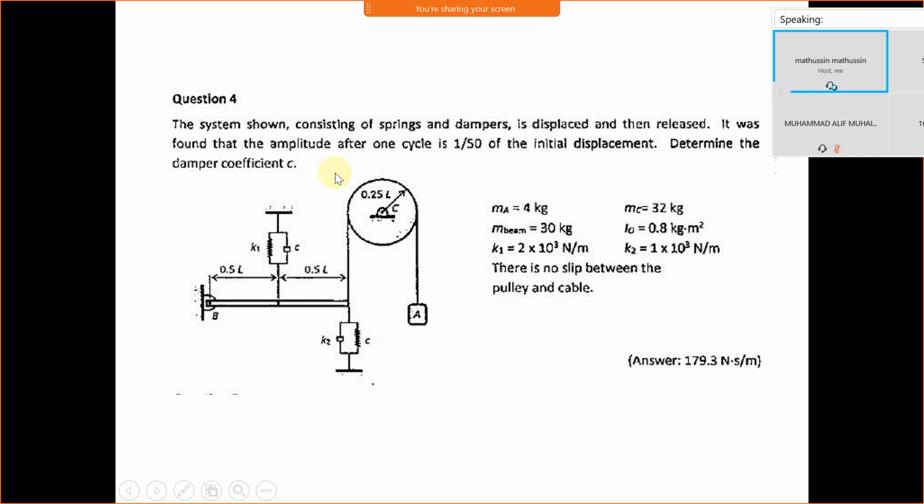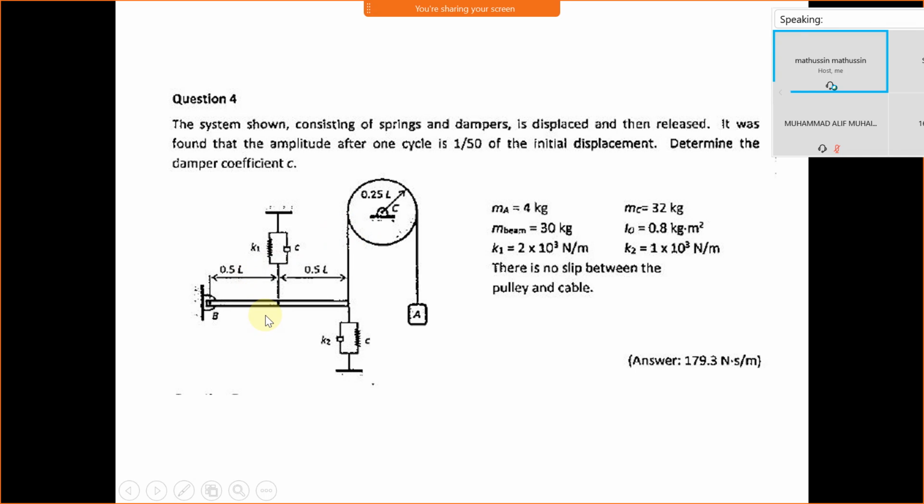Okay, so if you look at this diagram given here, we have more than one system of damper, spring, and also mass. Alright.